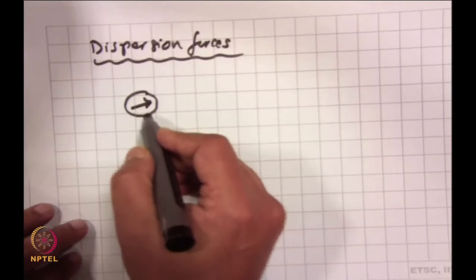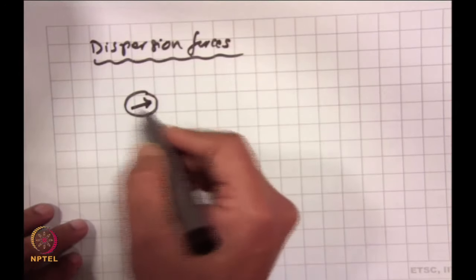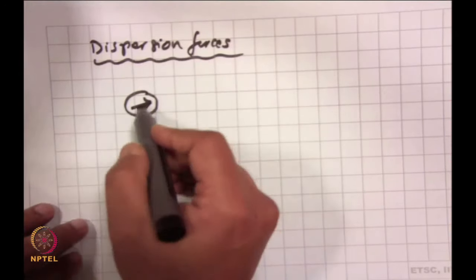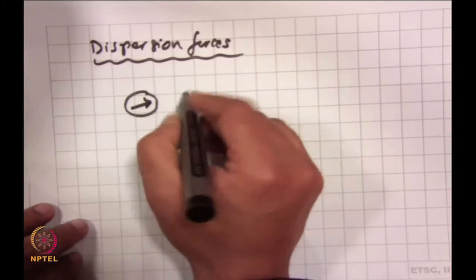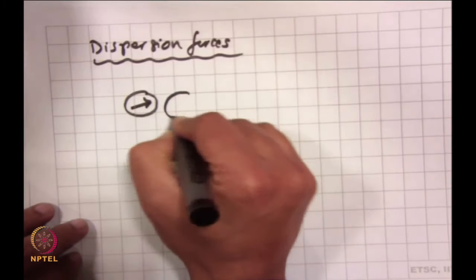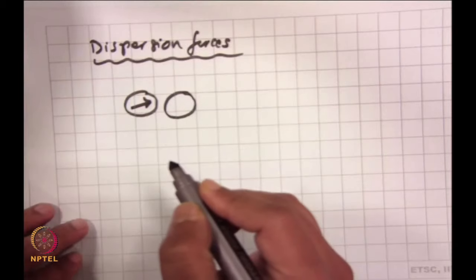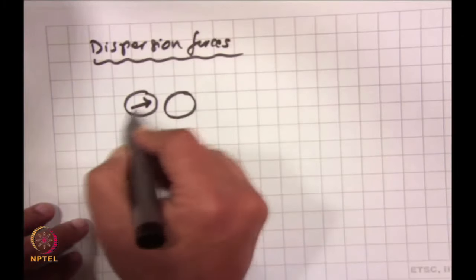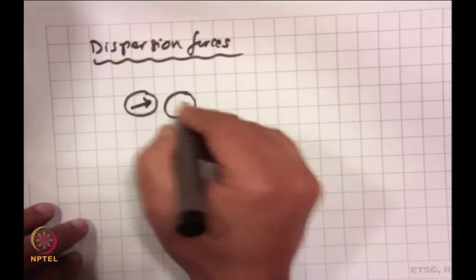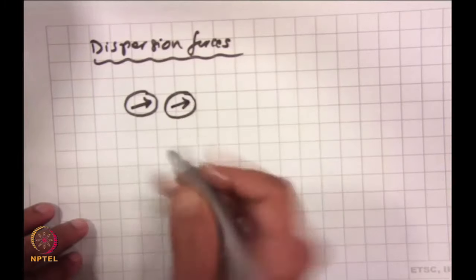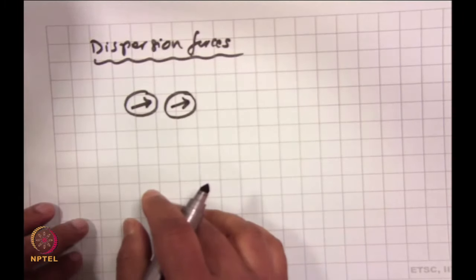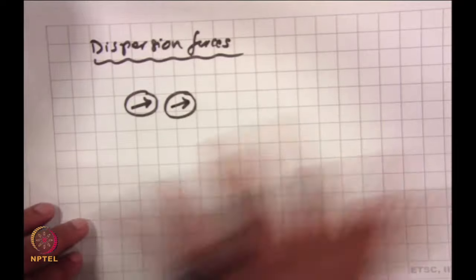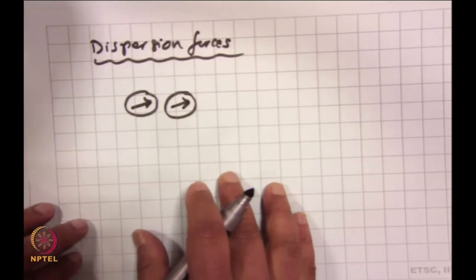Now, this is what I was talking about before, if I have a molecule which has a dipole, it will induce on another molecule a certain dipole, right. So, if these are the respective ends, you will also have the oppositely charged ends out here, it does not matter what orientation, just keeping it very simple.